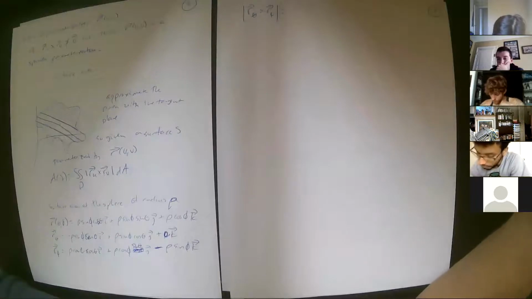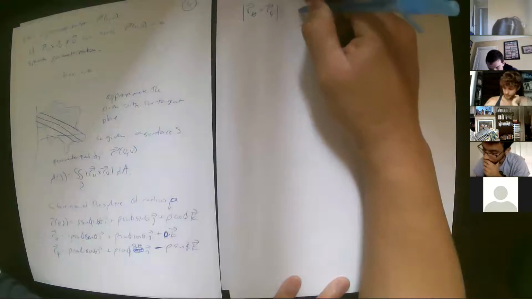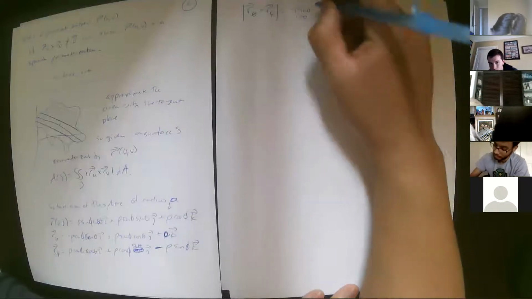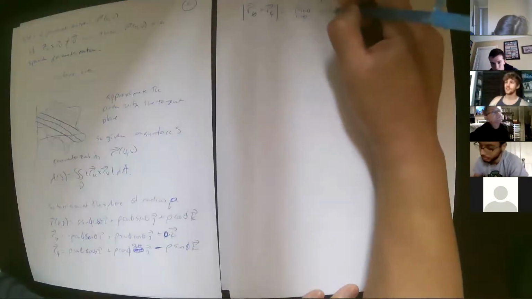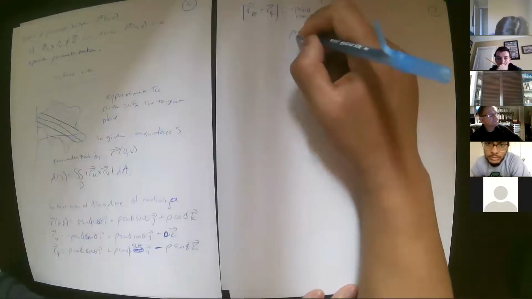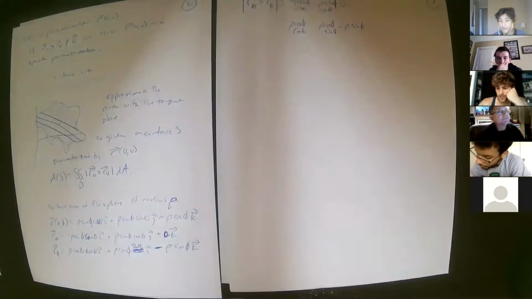This is i, j, k, and I'm going to lay out minus rho sine phi sine theta, rho sine phi cosine theta, 0, and rho cosine phi cosine theta, rho cosine phi sine theta, minus rho sine phi.